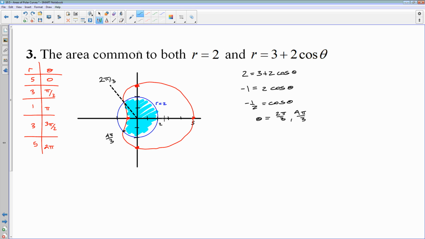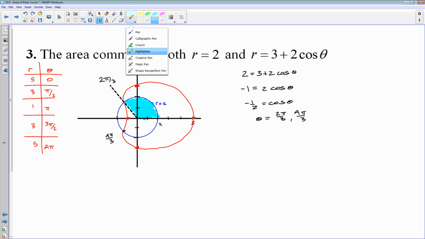And this problem is another one where I recognize the symmetry, and to make it a little bit easier, I'm going to only find the top half of this region, and then I will split it up based on the different functions that are needed. So the first area I'm going to find, let me get my blue highlighter, is this area right here.